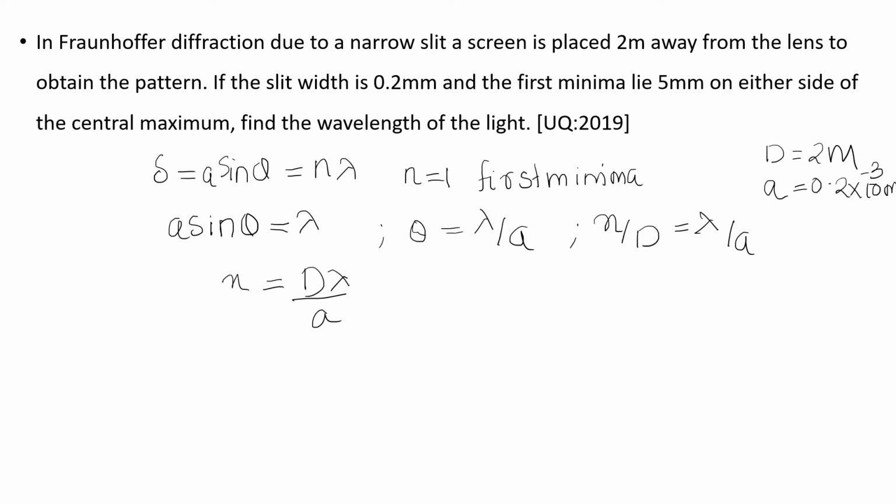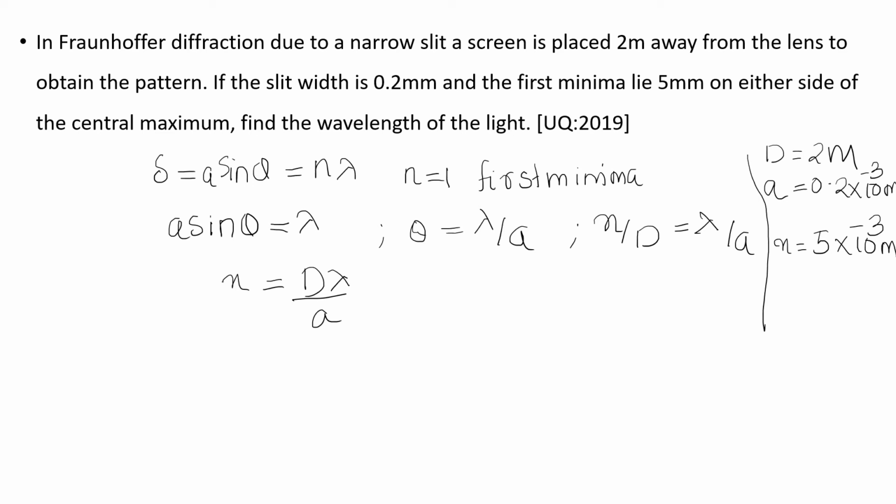And the first minima lies 5 millimeter on either side of the central maximum, that is from the central maximum to the first minima the distance x is 5 millimeter, that is 5 into 10 raised to minus 3 meter.